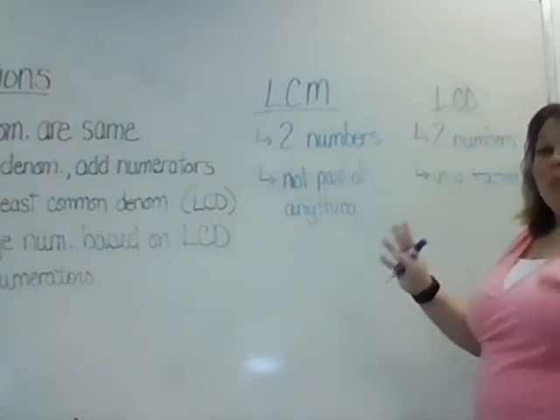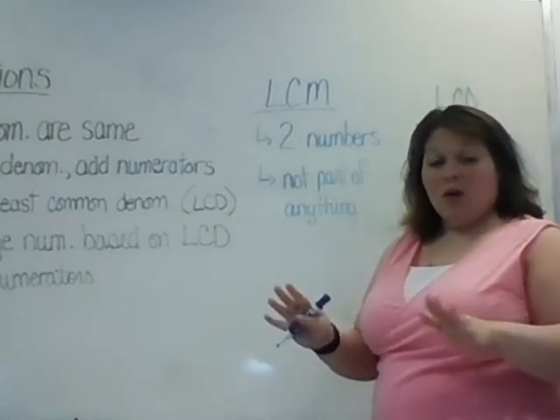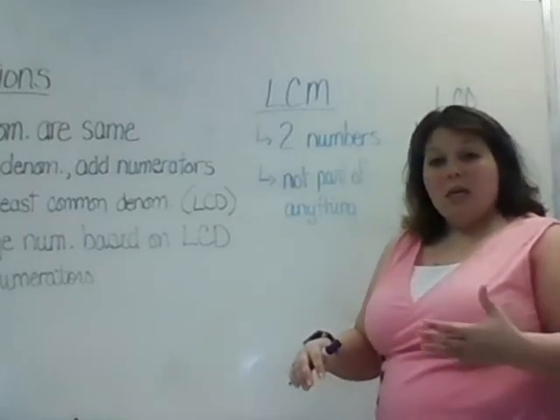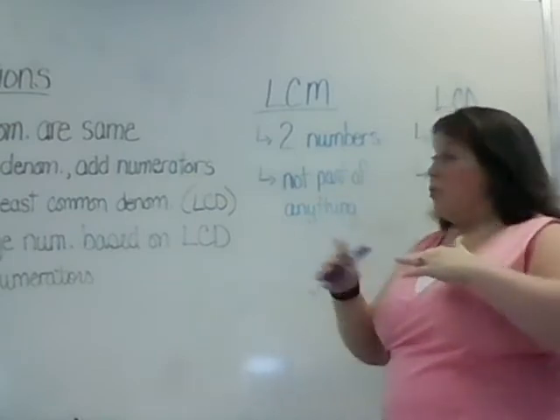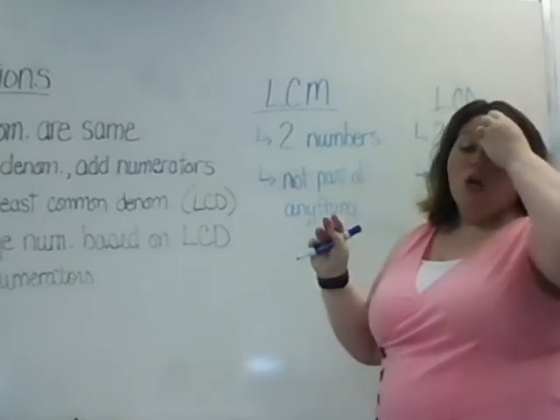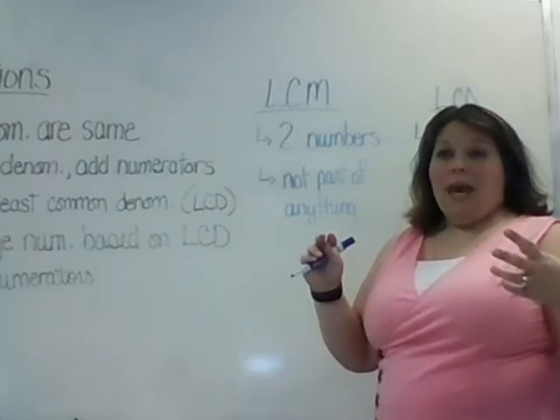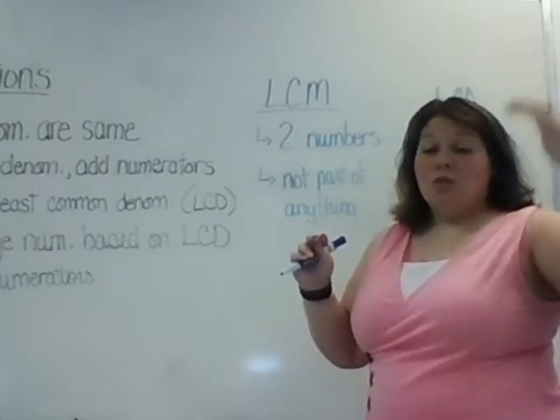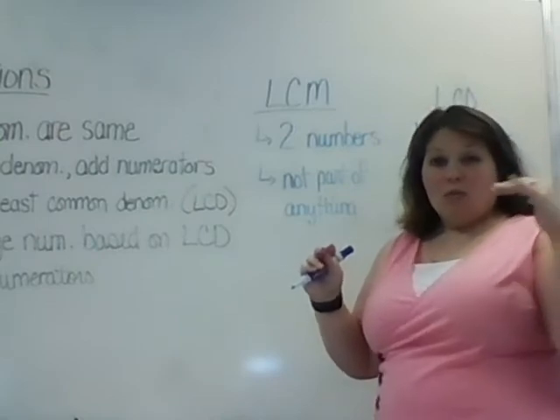So for both least common multiple and least common denominator, what our goal is going to be is to find one number that both numbers, whether it's a multiple or a denominator, doesn't matter. We want to find a number that both of the numbers can go into. So that means the number has to be bigger than those two numbers.